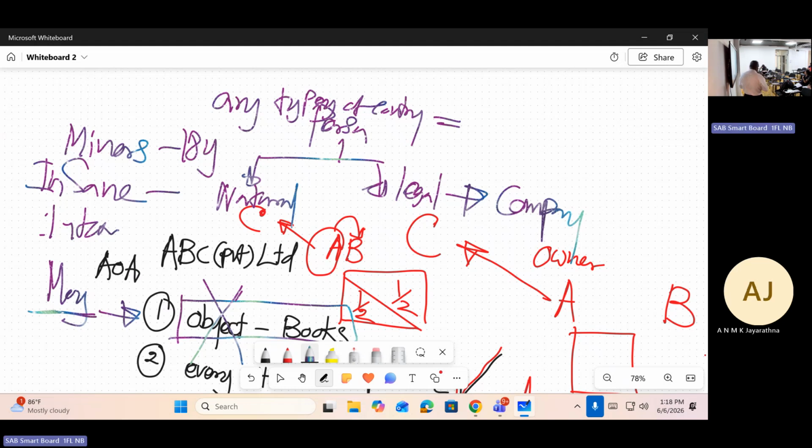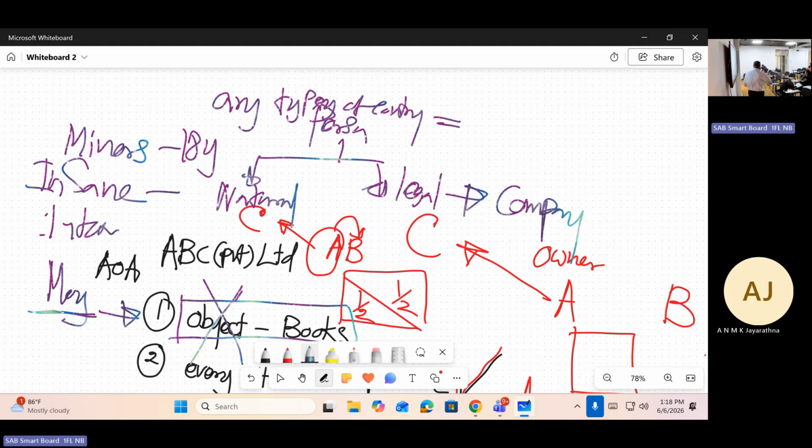Therefore, we can say according to section 30, a company need not mention its objects in the articles. It's not a mandatory requirement. What are the companies incorporated under the Companies Act?